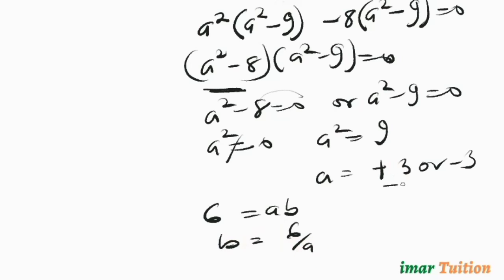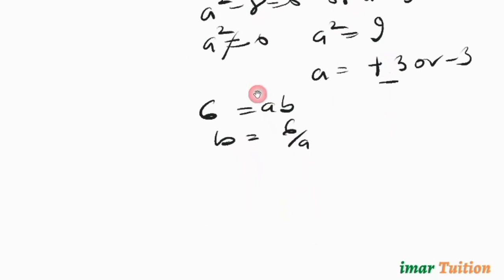If you substitute a equal to 3, you have b equal to 6 over 3, that gives you 2.